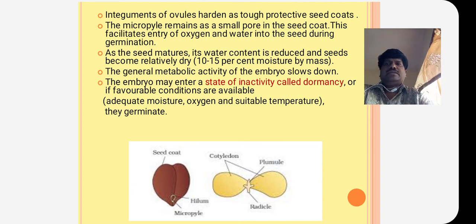As the seed matures, the water content is reduced and seeds become dry. They have only about 10 to 15% moisture by mass, because if there is more moisture content, there is a chance of spoilage by microorganisms. In such dry seeds, metabolic activities are also slowed down, and the embryo may enter a state of inactivity or suspended animation, that is generally called dormancy.